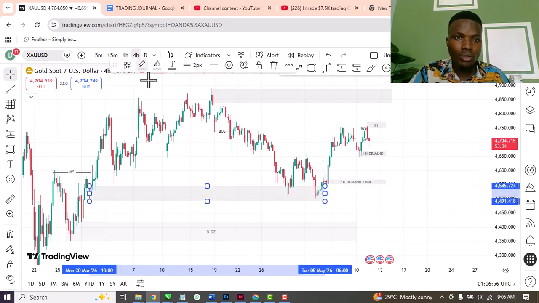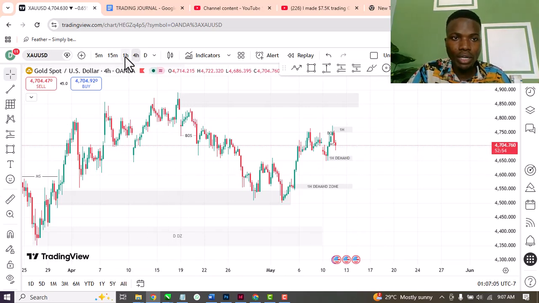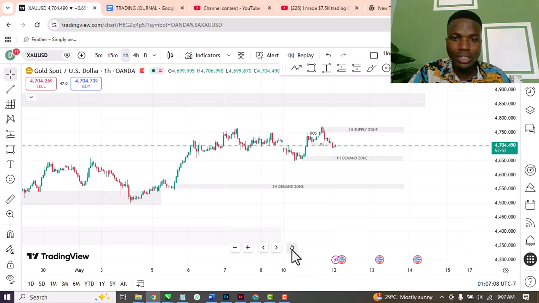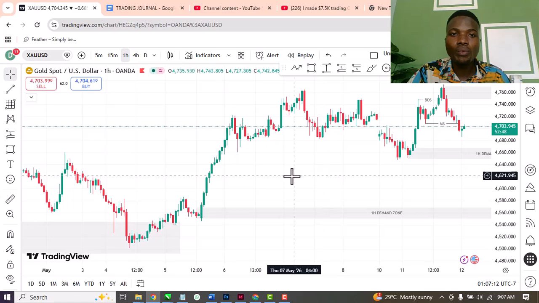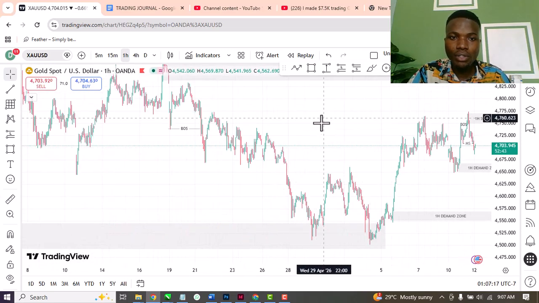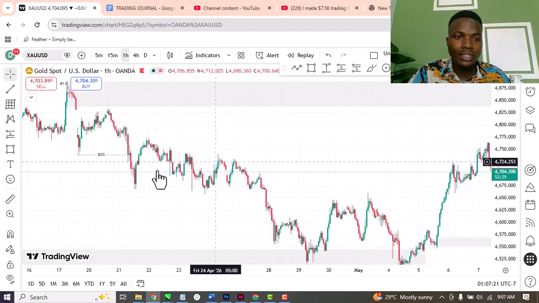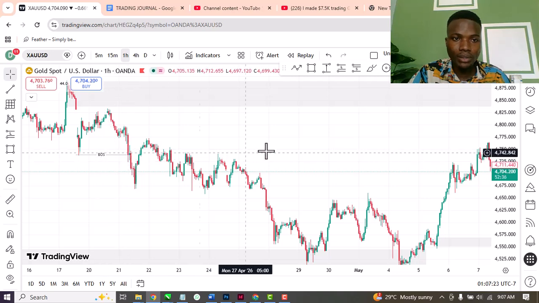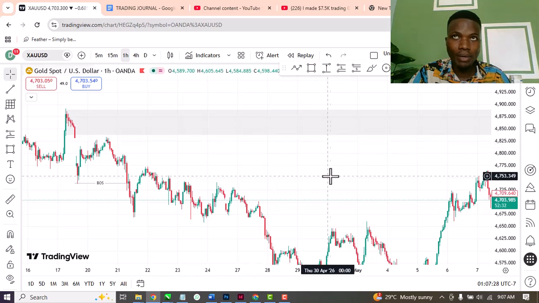Okay, so right now, where are we currently? What is price currently doing? All right, so if I go down to 1 hour, let us see how price is actually reacting. If you look at the left hand side, we will see that there is a break of structure to the downside, which simply means that we have a supply zone above here, right?